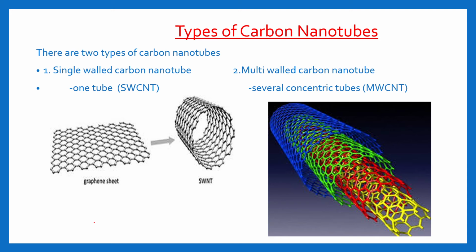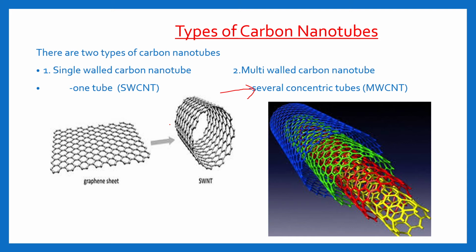And next, the other is multi-walled carbon nanotube. These are the individual nanotubes which are formed from the SWCNT. What happens?